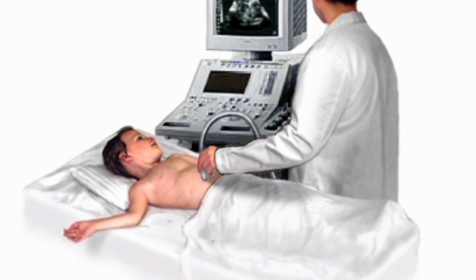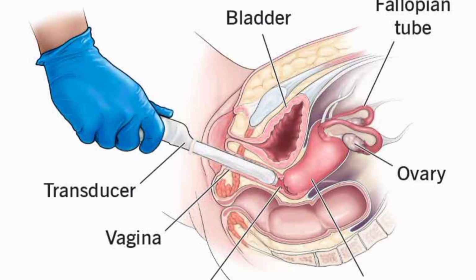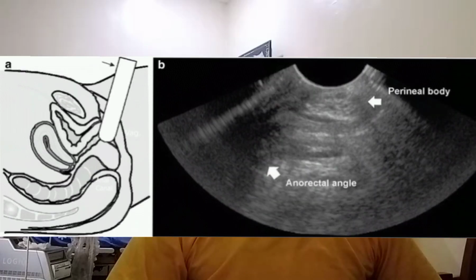The techniques include transabdominal sonography, endovaginal or transvaginal sonography, transperineal or translabial sonography, and transrectal sonography. You could also evaluate your pelvic scan through sonosalpingography or sonohysterography.